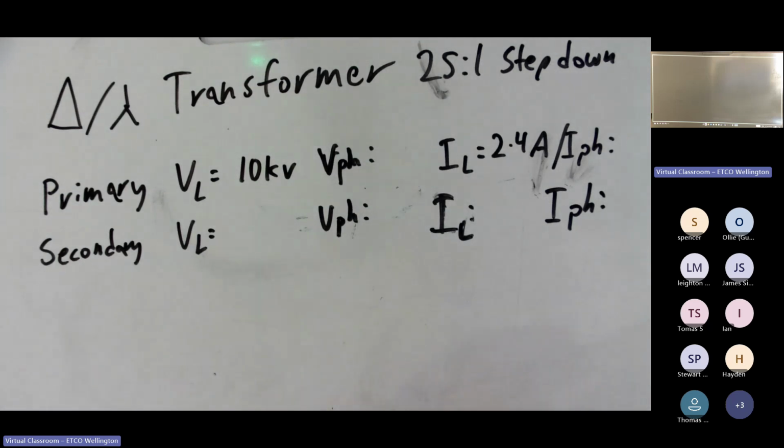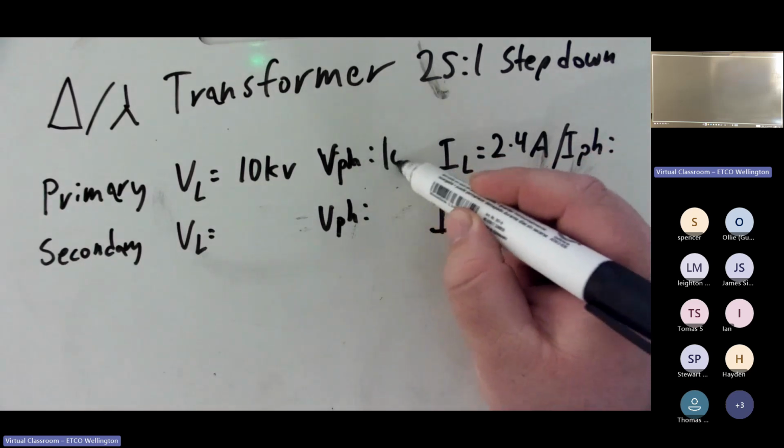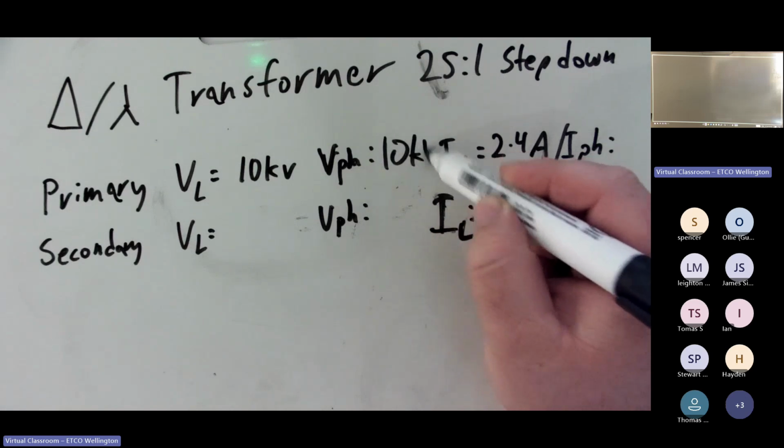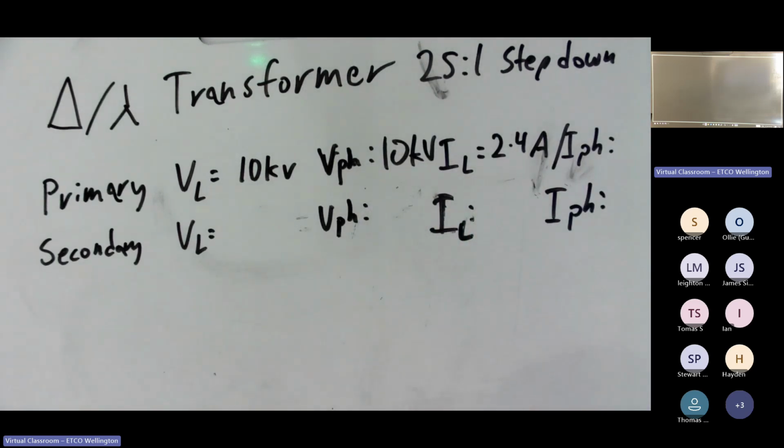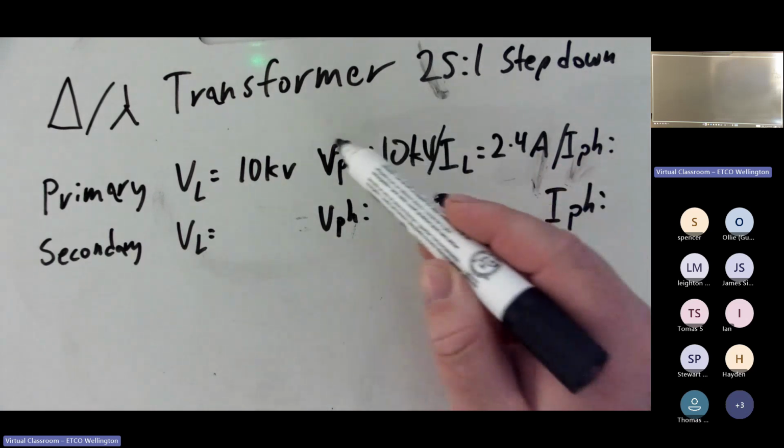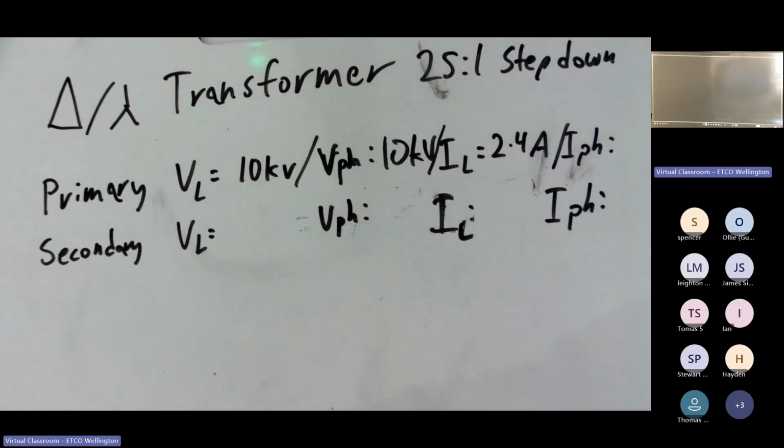So we know because it is a delta, it's basically parallel, we know that voltage is the same. So we can take our phase voltage and we can fill that in. So 10 kV. Cool. So we know our I line. Cool.